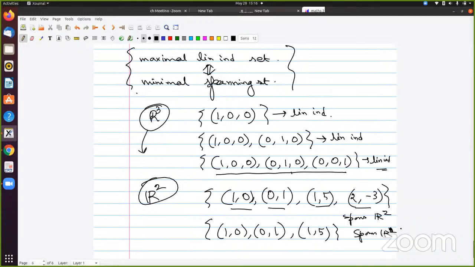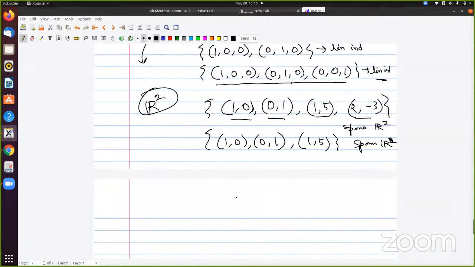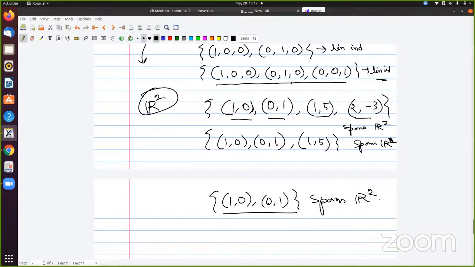Can we go further? Yes, we can eliminate one more, right? So this still spans R2. Can we eliminate one more? No. So this is the minimal one. We cannot go beyond that. There is no other set which is a subset of this and spans R2.